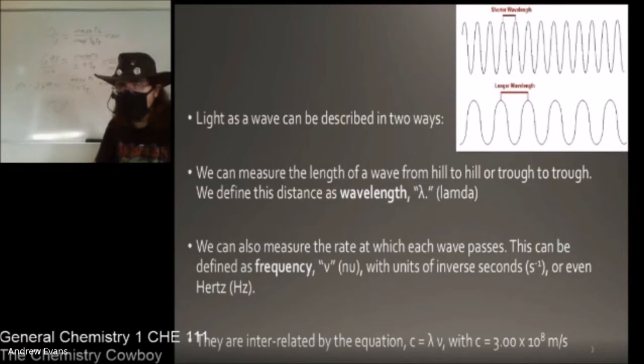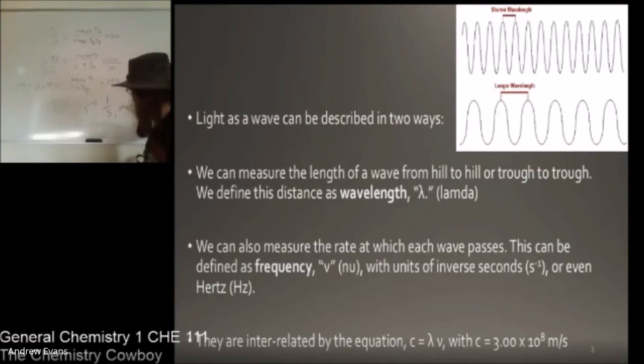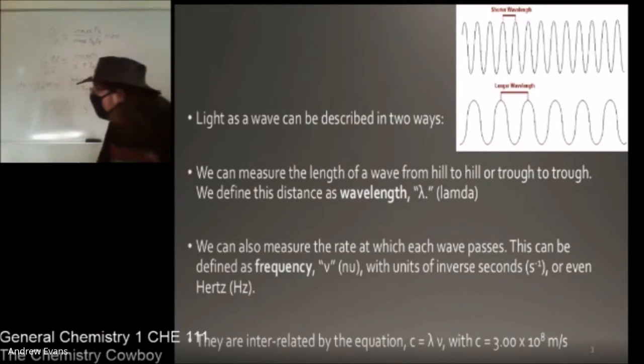Now the units of frequency are inverse seconds. Inverse seconds, which means seconds to the negative first power, also written as 1 over seconds or per second. The idea being that you're talking about how many waves are passing per second.